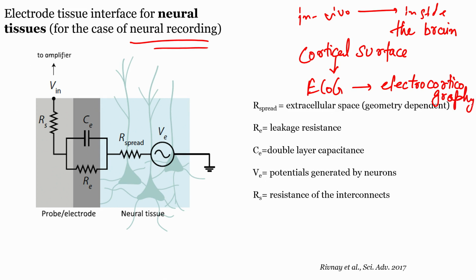So let us see what all different elements are there as far as recording of neural signals is concerned. So this is the probe that you have implanted on the cortical surface, and the signal which is being recorded will be sent to a signal conditioning circuit.